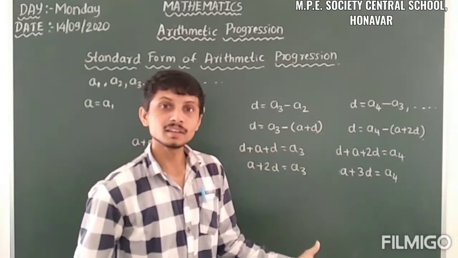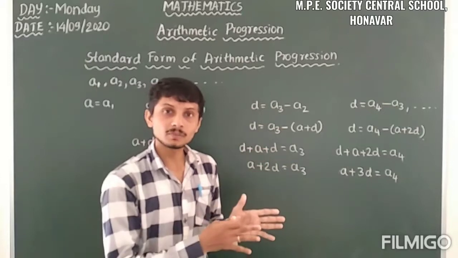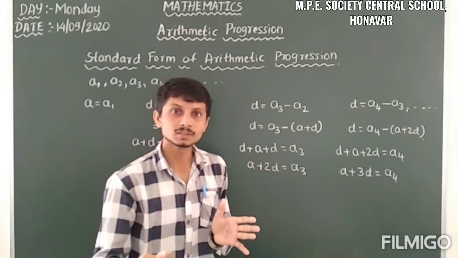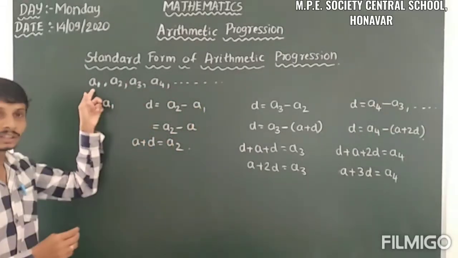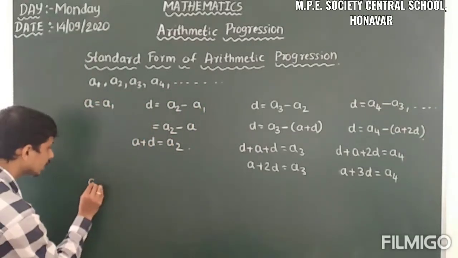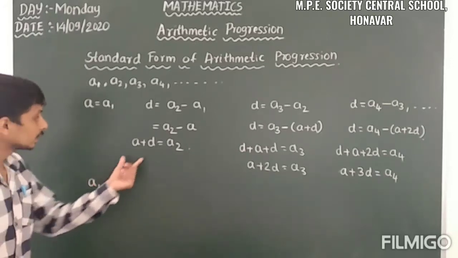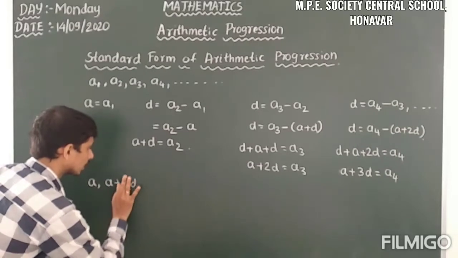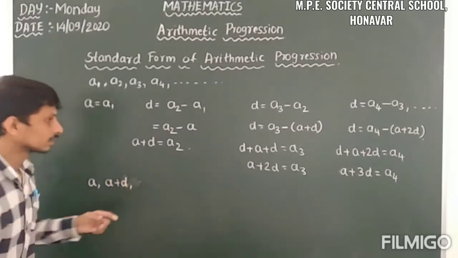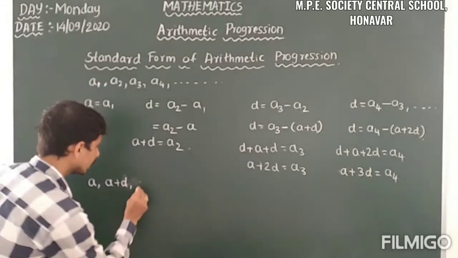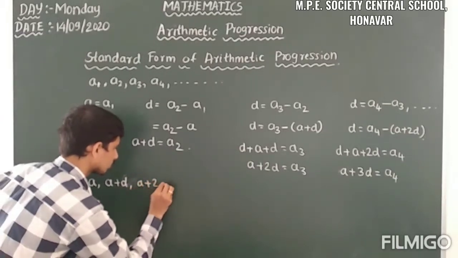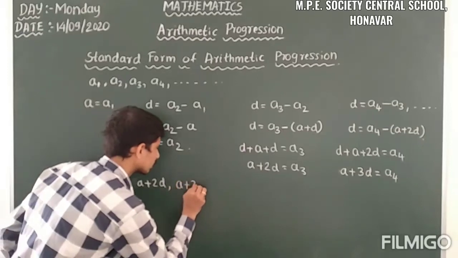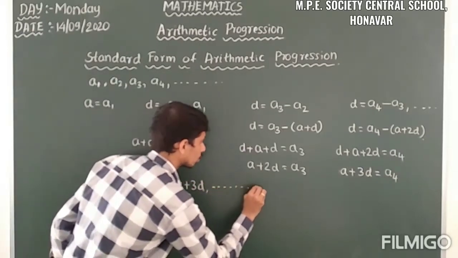So the standard form of the arithmetic progression becomes: in the place of A1 I have to write A, in the place of A2 I write A plus D, in the place of A3 I write A plus 2D, in the place of A4 I write A plus 3D, and so on.